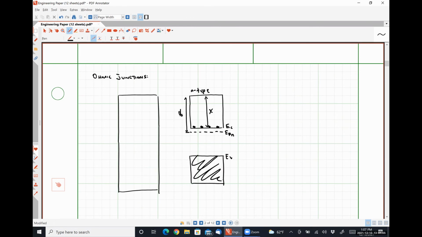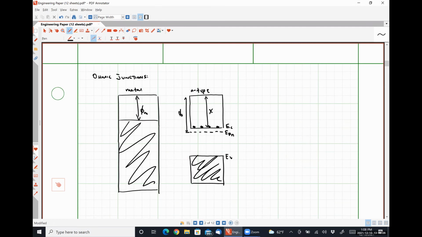And just to exaggerate this, here's my metal on this side. It should be very easy to see now that the work function of the metal is significantly smaller than the work function of the semiconductor material. Phi m is much less than phi sub s.